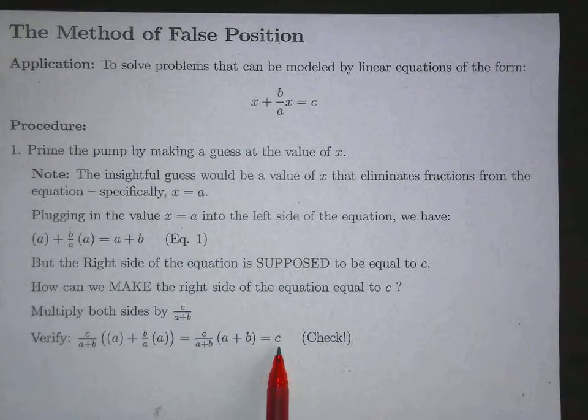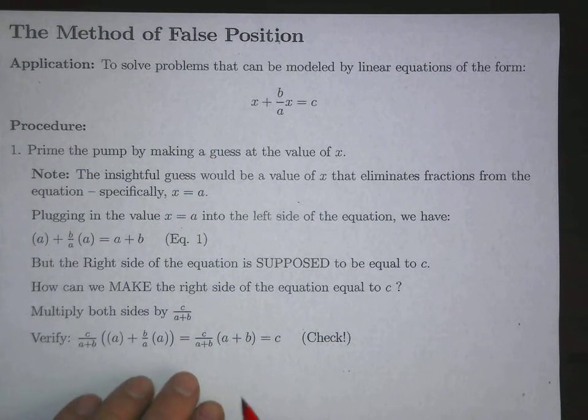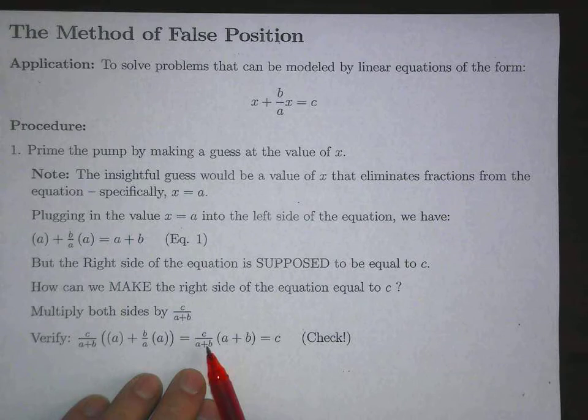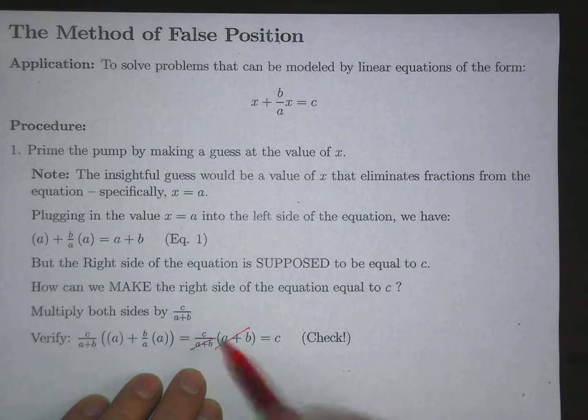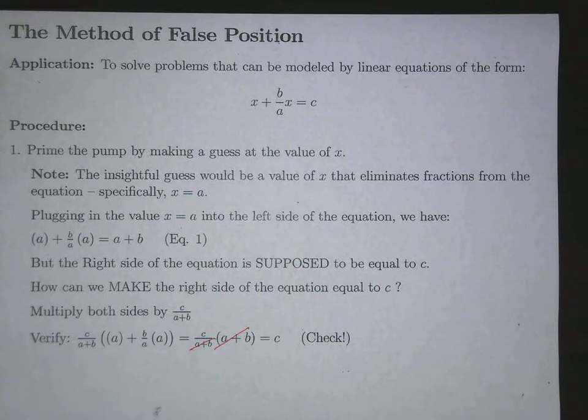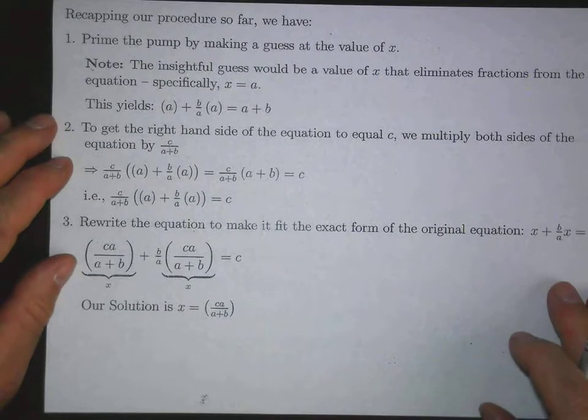If we multiply this out, c over a plus b times a plus b, those cancel, we get c. Beautiful. Okay. Now let's just recap what we've done so far.